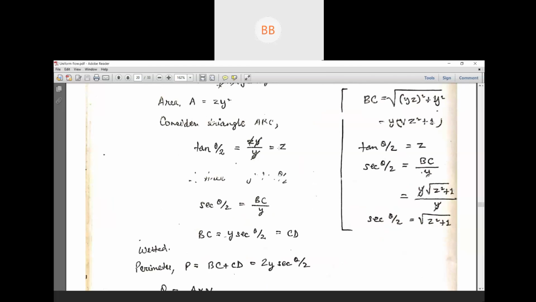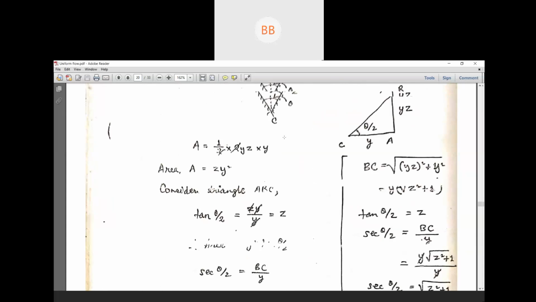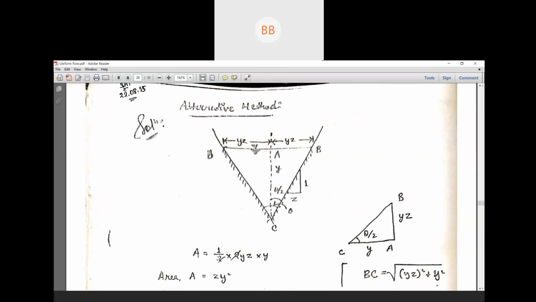Now considering triangle ABC that we have already did, then we are going to consider the wetted perimeter. For wetted perimeter, this is D. So wetted perimeter is nothing but DC plus BC.